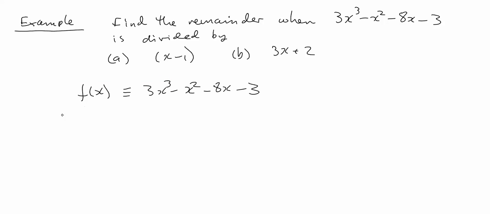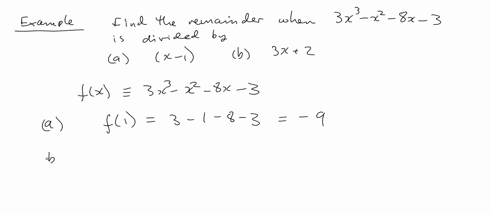For part A, we want to know the remainder when divided by x minus 1. The value that makes x minus 1 zero is x equals 1. So we want to find f of 1, and that would be 3 times 1 cubed, which is 3, minus 1 squared, minus 8 times 1, minus 3, which is minus 9.